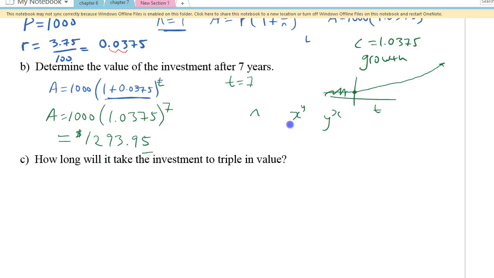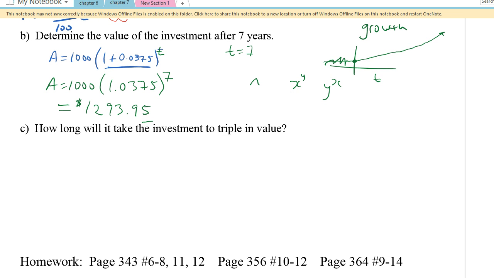The last one says, how long will it take the investment to triple in value. So triple means times 3. And when I say how long, really we're asking what is my t value going to be equal to. So looking at my a is equal to 1,000 times 1.0375 to the power of t, to triple the investment means that this a value should be 3,000.